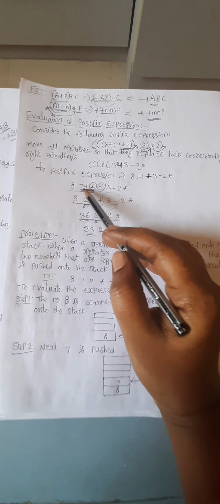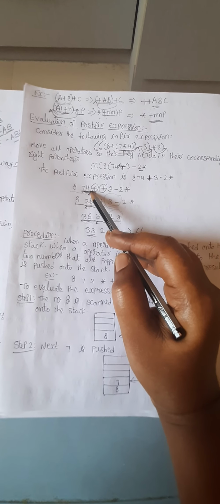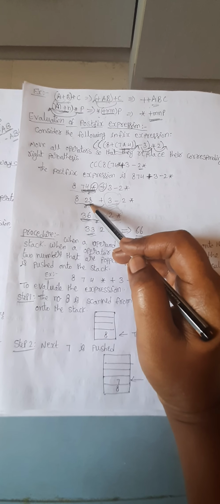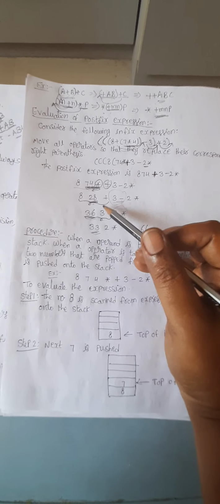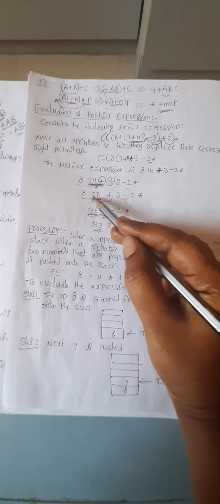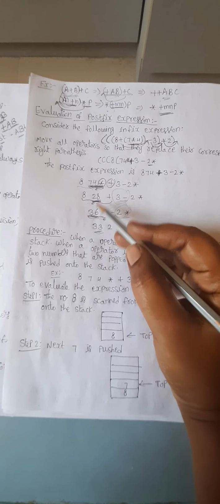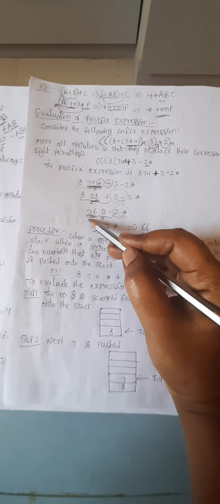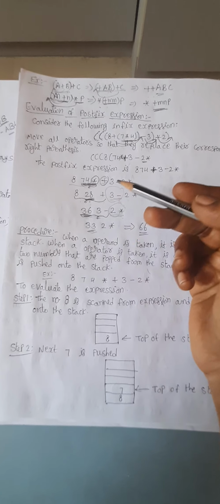Here, at the beginning itself, 7 into 4: 7 and 4 will be popped, and after popping 7 and 4, 28 will be pushed into the stack. And the same thing here also, 28 plus 8, 28 and 8 will be popped, and then we are pushing the 36 into the stack.